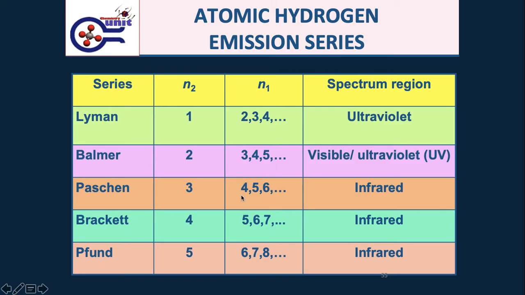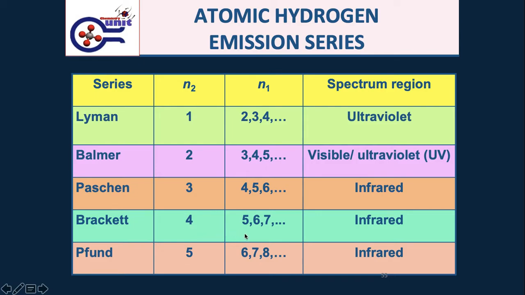If the electron falls from the 4th, 5th, 6th and above energy level onto the 3rd energy level, the series is called Paschen series.